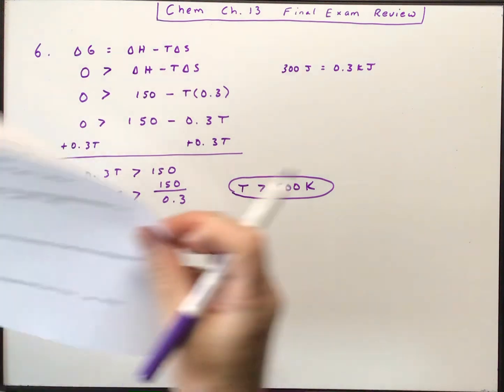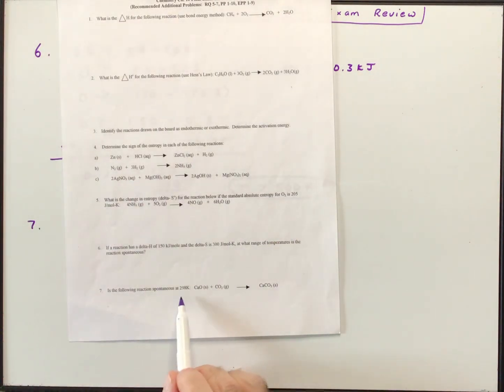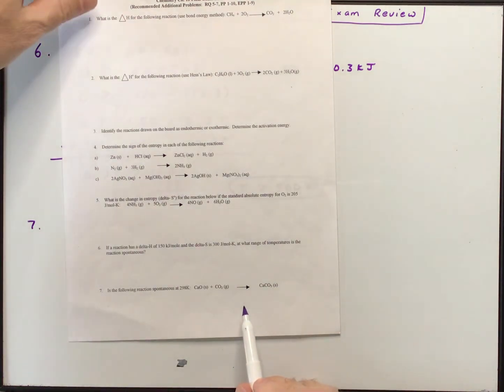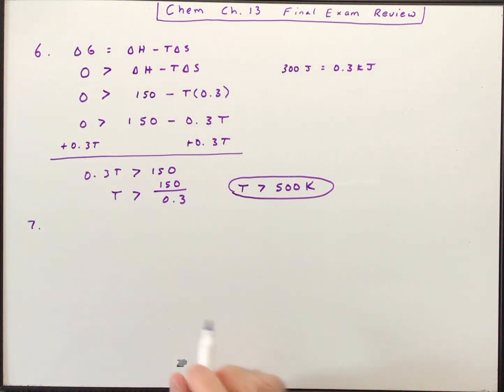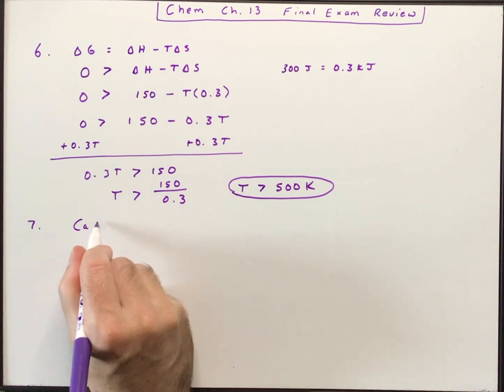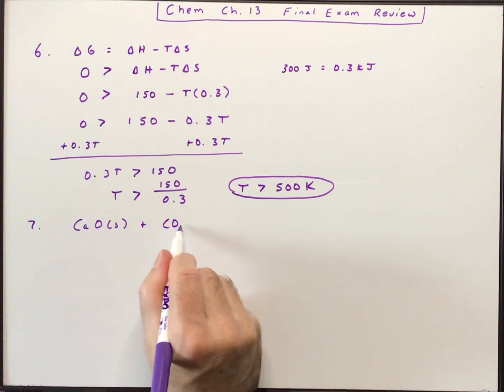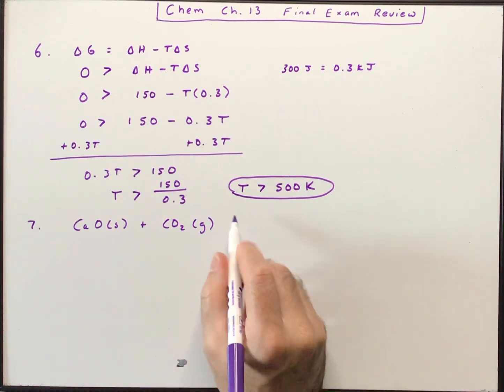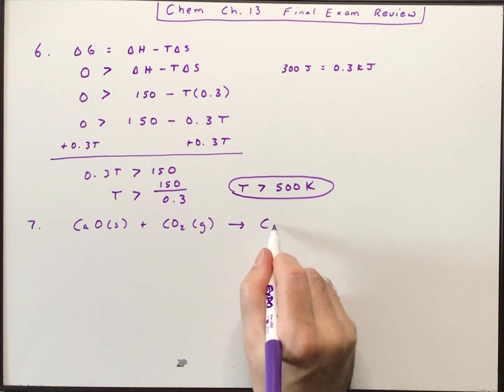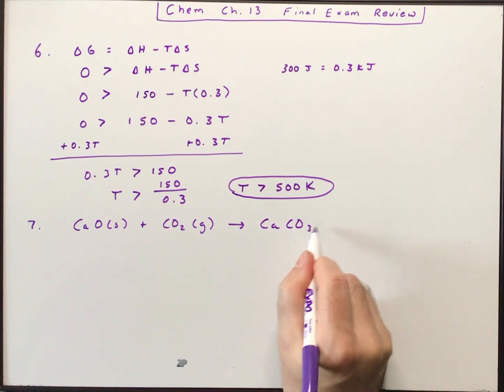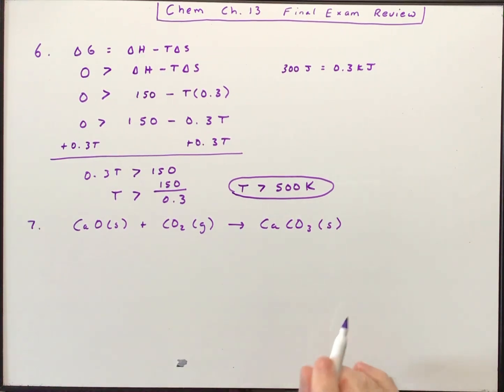So number 7 says, is the following reaction spontaneous at 298 K? So anytime you see 298 K and spontaneous, those two words, you know we're asking for Gibbs free energy at room temperature. And in that case, we use table 4. So we have CaO solid plus CO2 gas, that yields calcium carbonate, CaCO3, which is a solid.